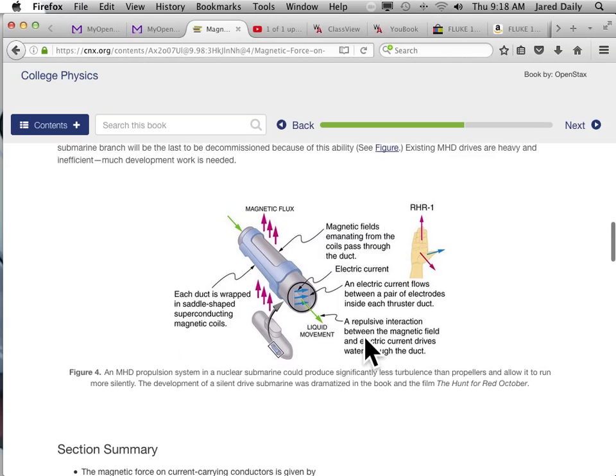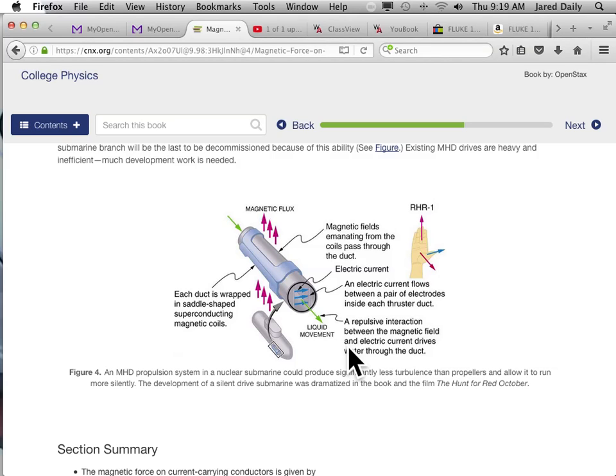But anyway, the idea is that you're going to create a strong magnetic field upward through this tube, and then a current across the tube, and that pulls liquid through the tube, and that of course will cause a thrust through the tube.